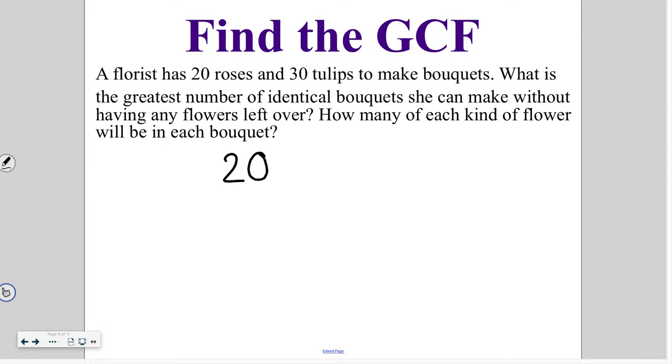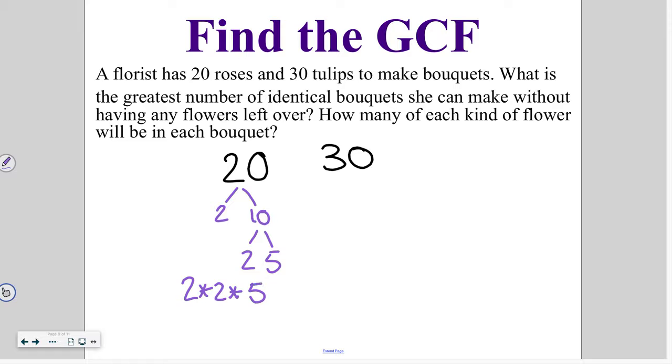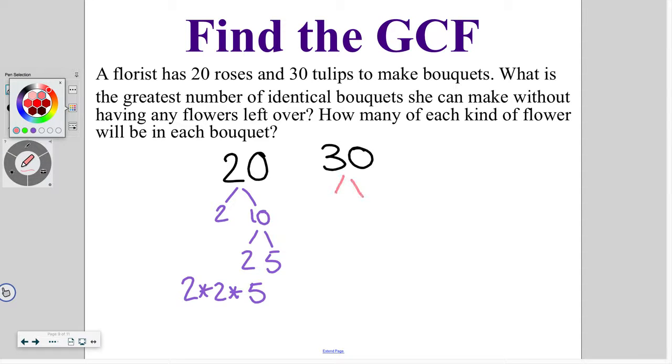So I've got 20 and I've got 30. Breaking down 20, I can go 2 and 10 and 2 and 5, giving us a factorization of 2 times 2 times 5. 30 can break down into 2 times 15, which breaks down into 3 times 5.